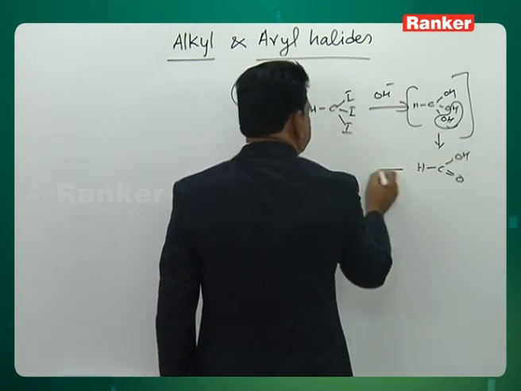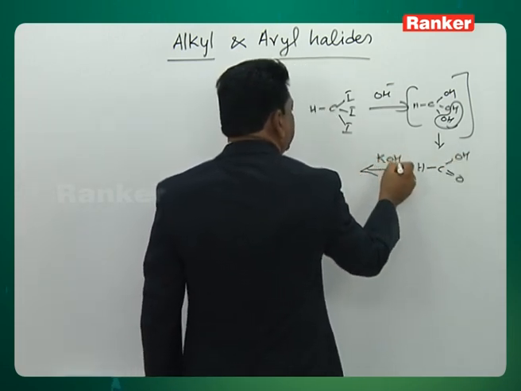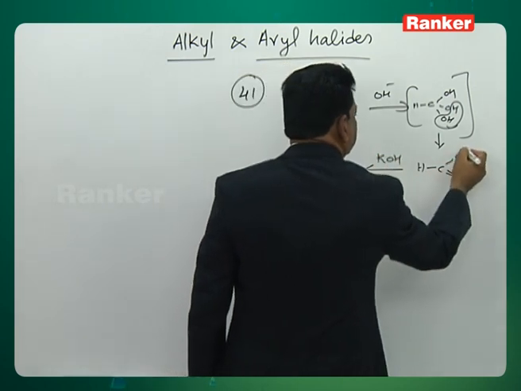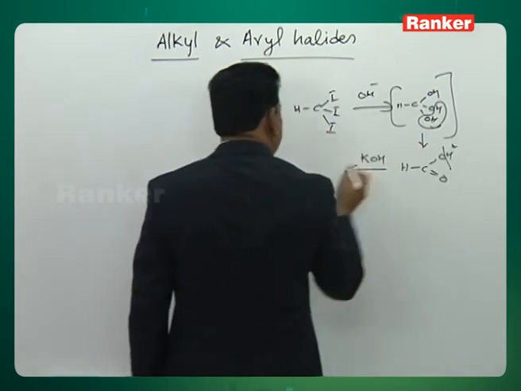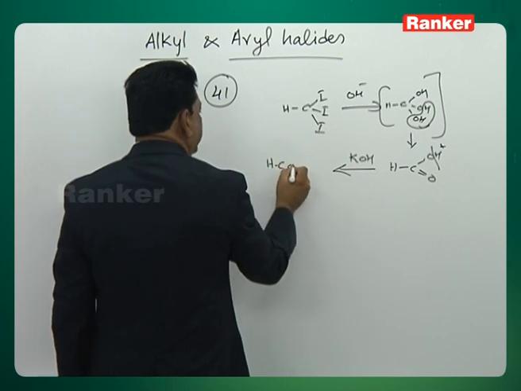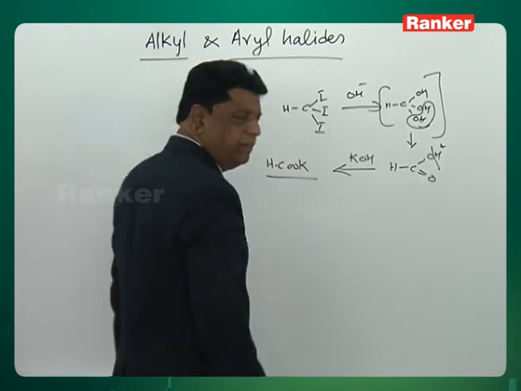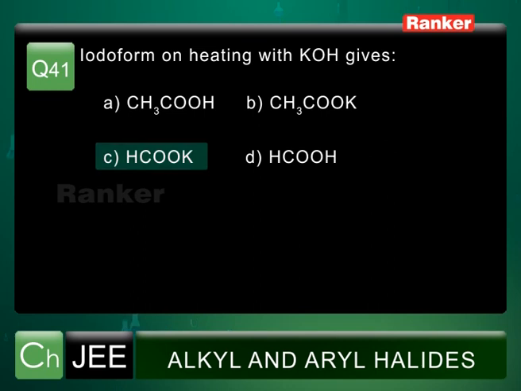Because potassium hydroxide is there, a neutralization takes place, H plus is removed and you will get HCOOK. So that is the right answer. Option C, potassium formate, is the answer.